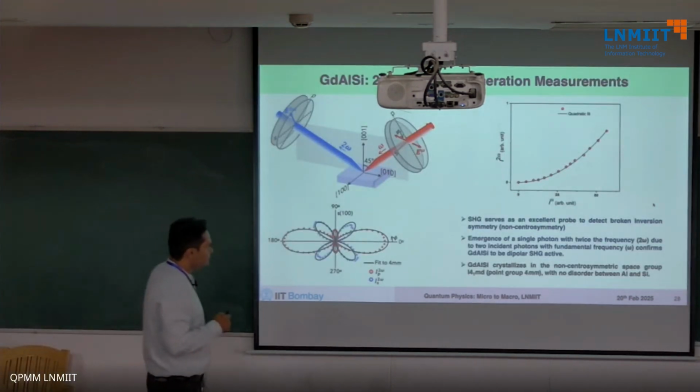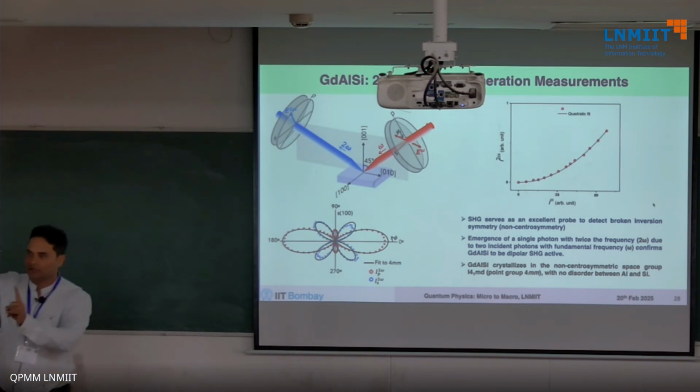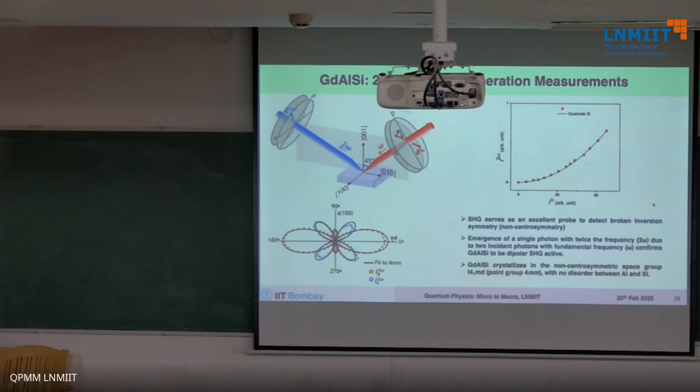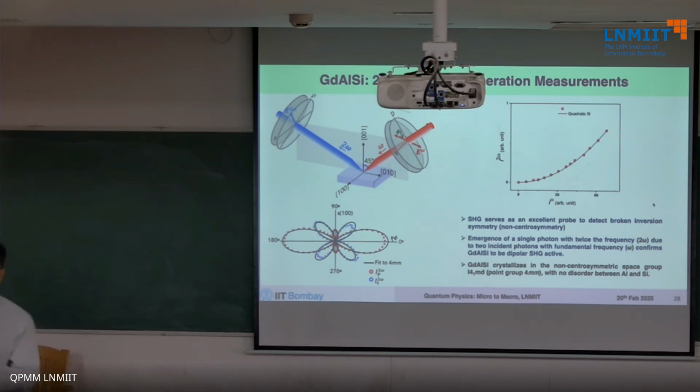Now, as I said, there is a very important catch here, whether aluminum and the silicon, these two non-magnetic elements, whether they are forming in a disordered fashion, or they are sitting exactly at the position I have drawn here. There is a probe, it's called second harmonic generation measurements, which basically are sensitive to systems which are non-centrosymmetric, which means where the inversion symmetry is broken.